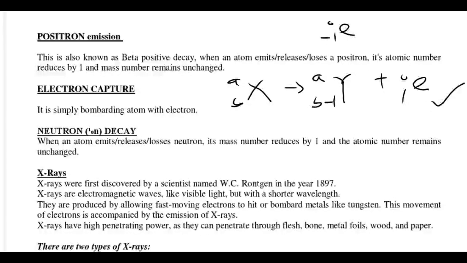But when you see this, this is positron, positive beta particle. So the mass number remains unchanged and the atomic number reduces by 1. So in the case of electron capture, we said it simply means when you bombard an atom with electrons.